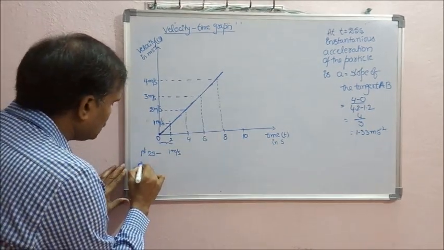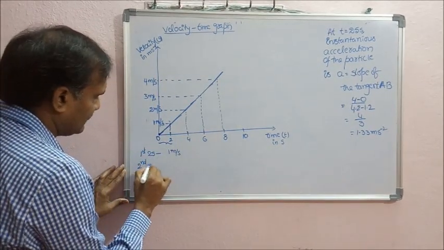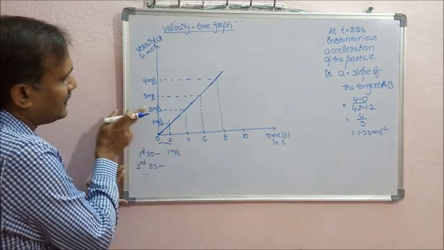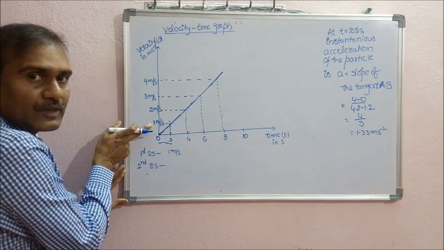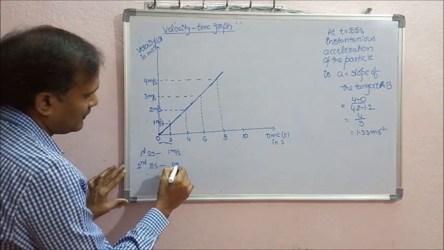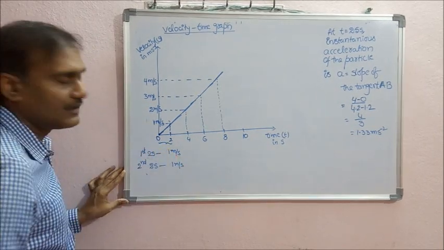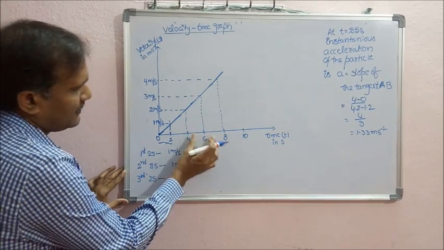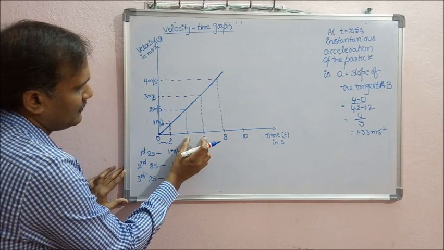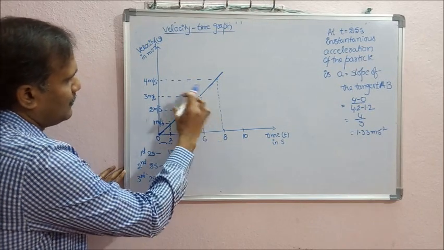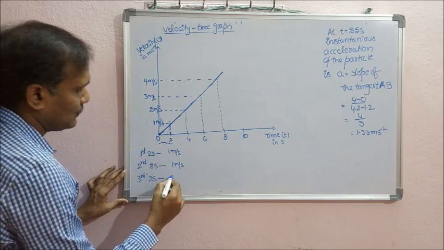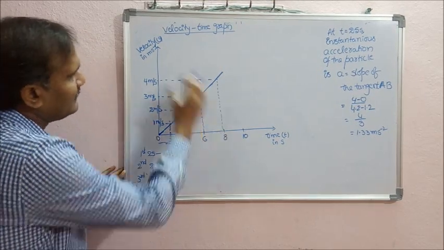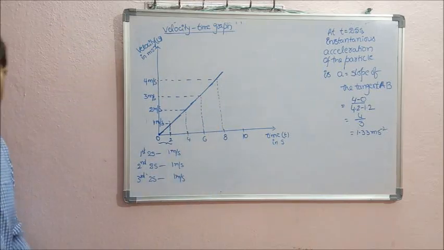Now in the next 2 seconds, what is the change in velocity? 2 meter per second minus 1 meter per second, 1 meter per second. In the third 2 seconds, what is the change in velocity? 3 minus 2, 1 meter per second. Next 2 seconds, also 1 meter per second.